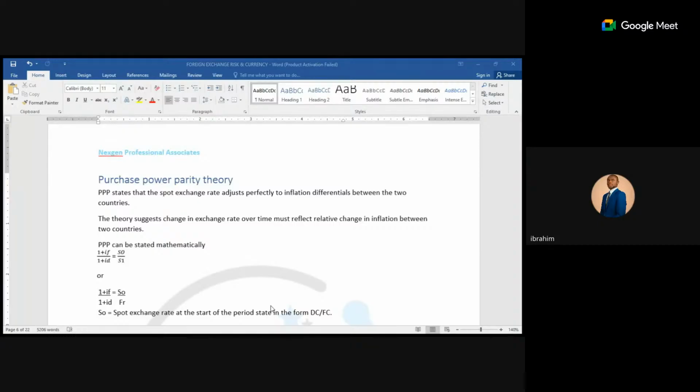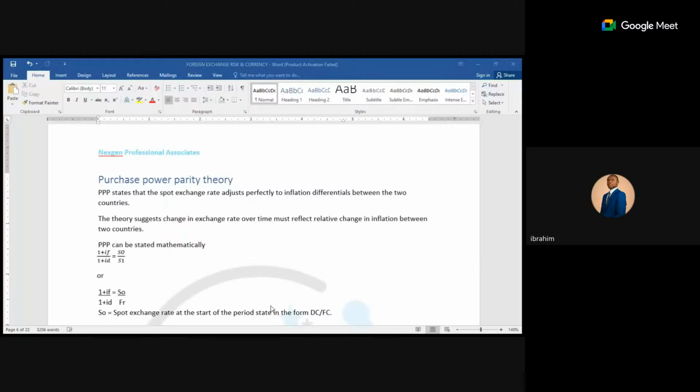When in a question you are given that the purchasing power parity or the inflation rate of the two countries is as follows, you should know that what you will use to determine the forward rate is the purchasing power parity theory.